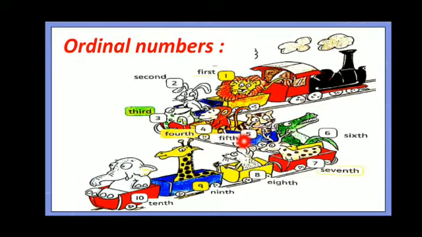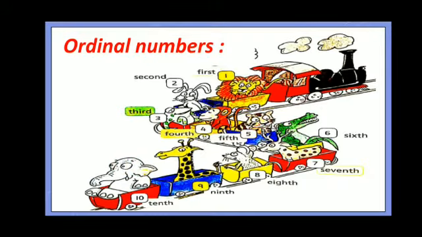Tiger is in fifth position. Crocodile is in sixth position, and in seventh position is a deer. Rat is in eighth position. Giraffe is in ninth position. And last, elephant is in 10th position.